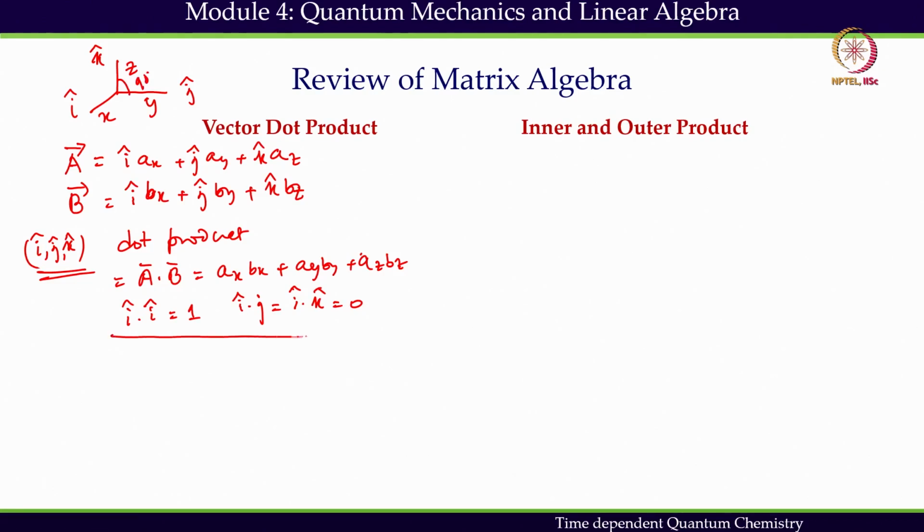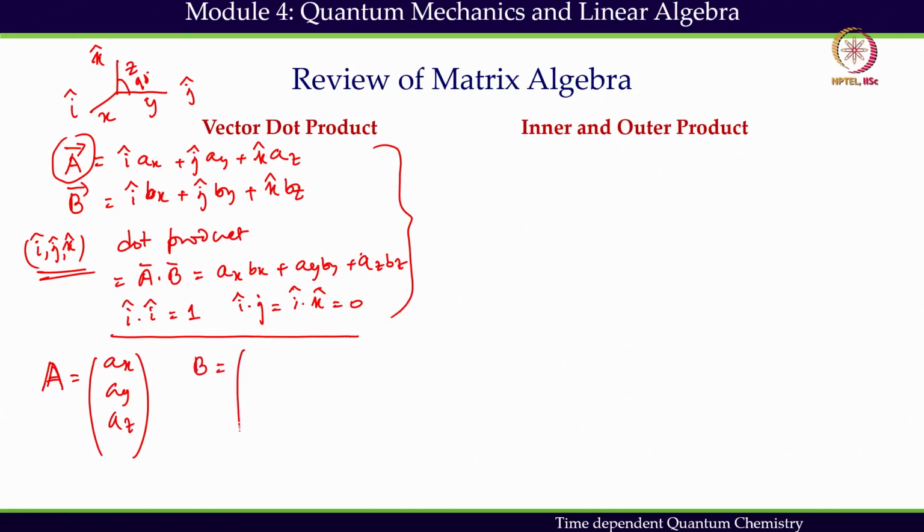So, this definition comes from algebra, and in the matrix form, as I have told you before, this vector can be represented in matrix form. When I represent the vector in matrix form, it becomes a column matrix Ax, Ay, Az, and B becomes a column matrix also Bx, By, Bz. These are represented with respect to this basis. Often we do not mention that one.